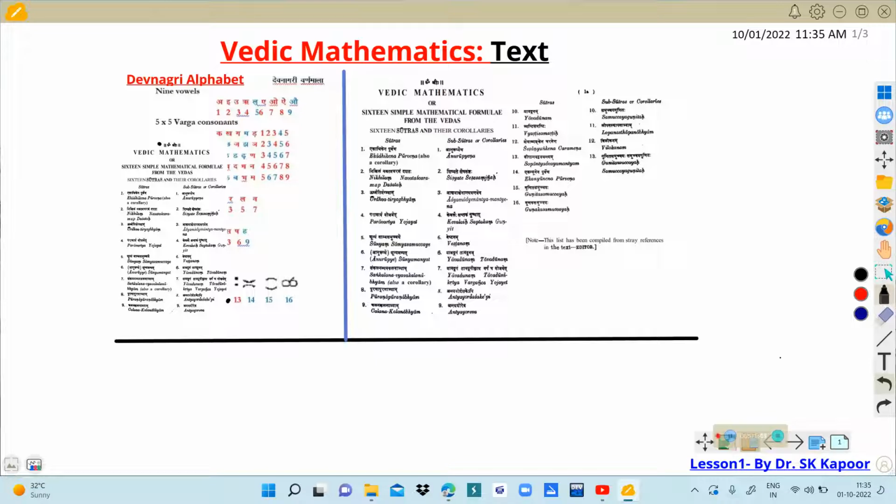Today my focus will remain only upon vowels. There are 9 vowels, and these 9 vowels have sequential placements: 1st, 2nd, 3rd, 4th, 5th, 6th, 7th, 8th and 9th.